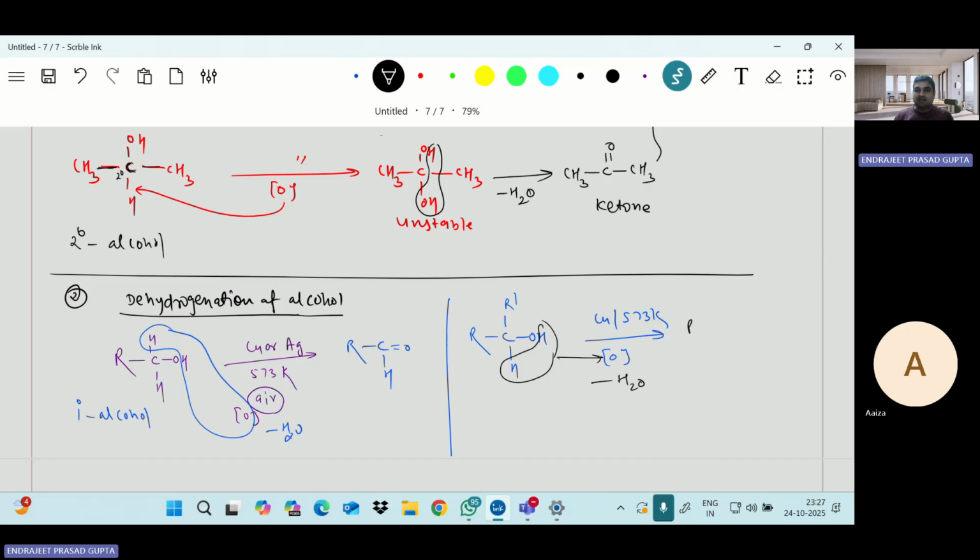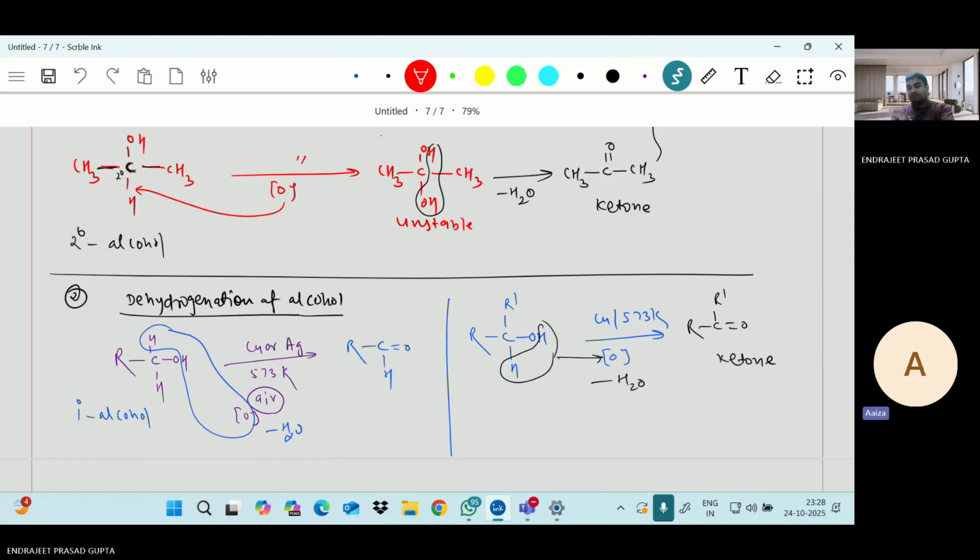So you will get R C=O R', which is a ketone. So secondary alcohol always gives ketone, and primary gives what? Aldehyde. Have you got it? Yes, sir.